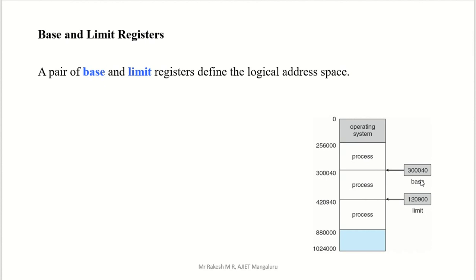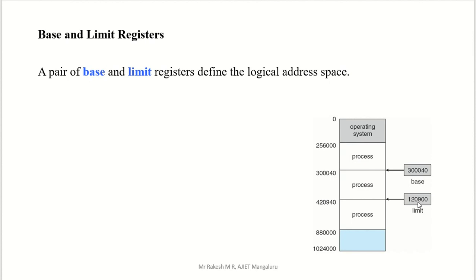Here they have given base and limit. Base means the starting address of that block. Whatever example they have given is for this block. Here the starting address is 300040. It is the starting address for that particular block. That is the base. And limit means the total length of this block.